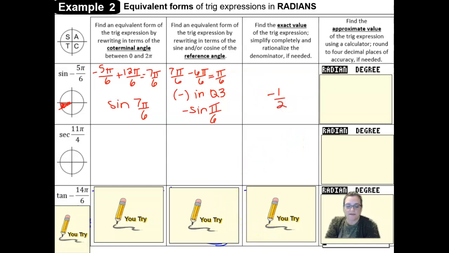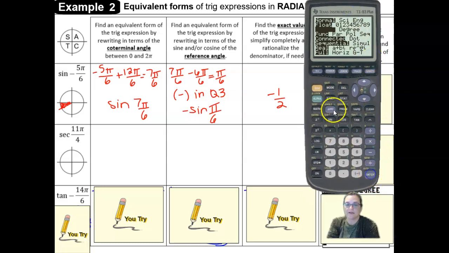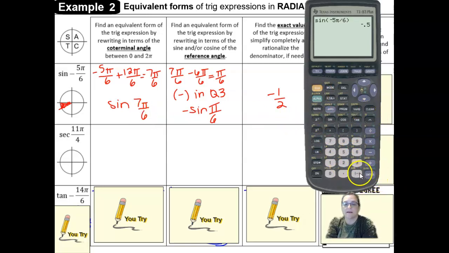So to check this in the calculator, we are going to need to change into radian mode. So we'll hit mode and arrow down to radians, press enter, and then we're going to evaluate the sine of negative 5 pi over 6, and then the negative sine of the reference angle, pi over 6, and compare that to our final answer, negative 1/2, right?